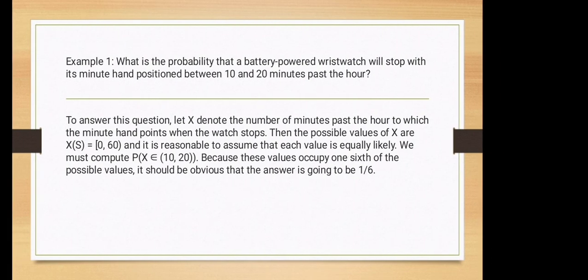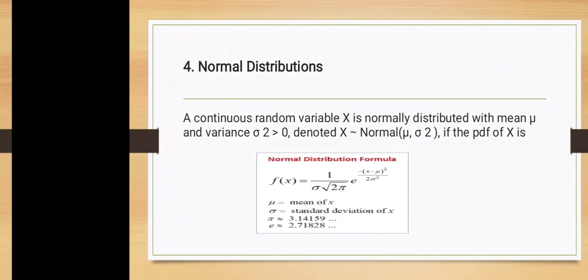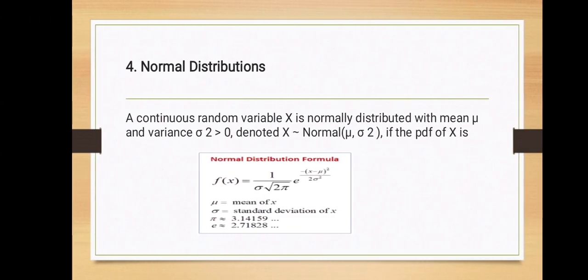And the fourth is normal distributions. Normal distribution is one type of distribution with a continuous random variable. In the normal distribution, there is a curve or graph which is described as resembling a bell. The normal distribution is also known as a Gaussian distribution.